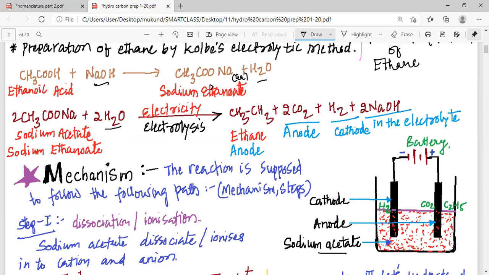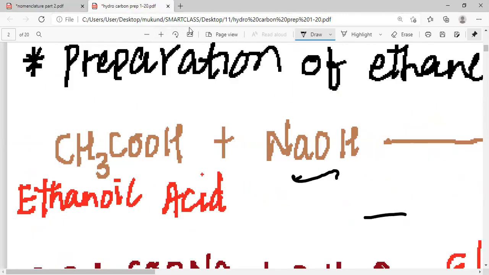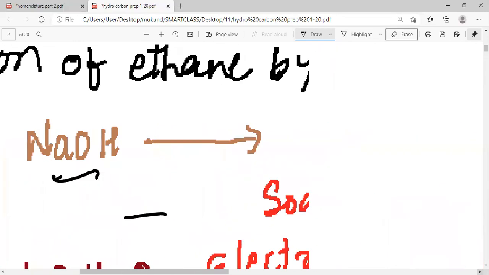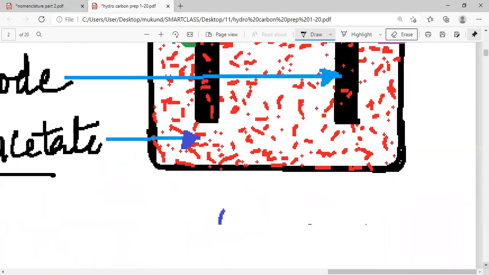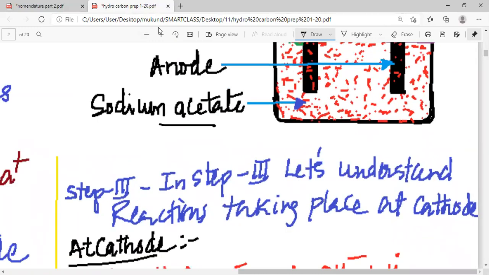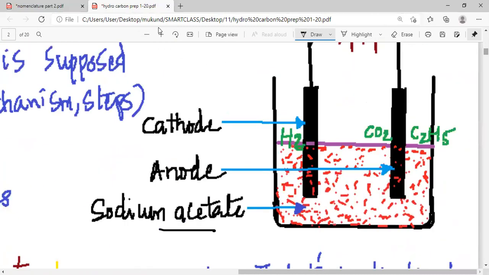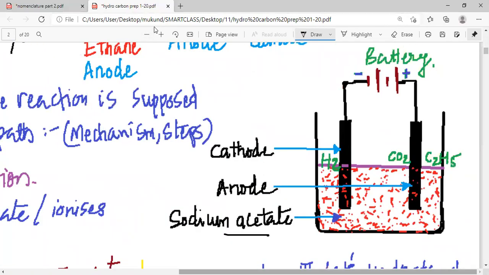You can see in this figure, I hope you all can see this figure, that we have taken the aqueous solution of sodium ethanoate or sodium acetate.